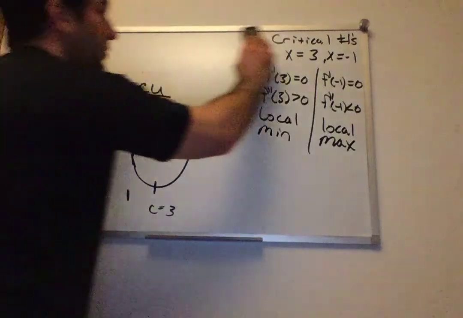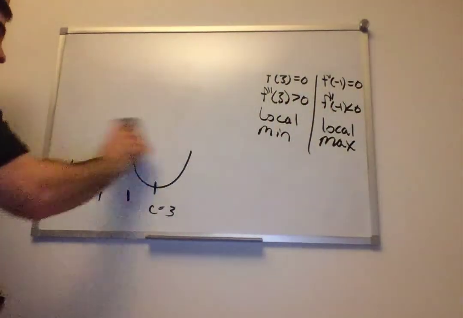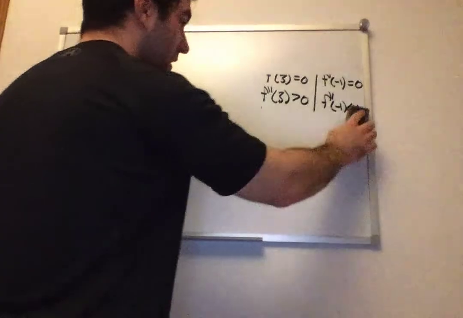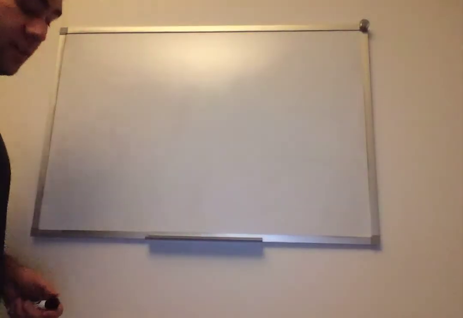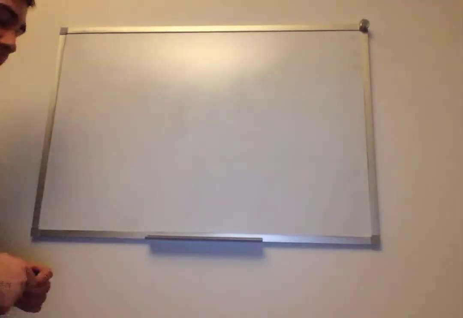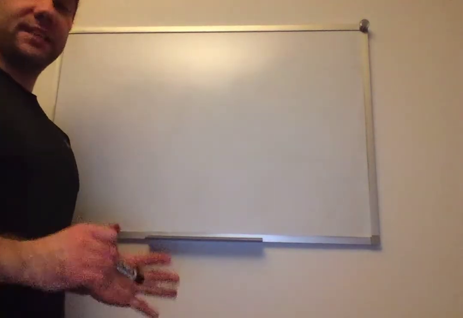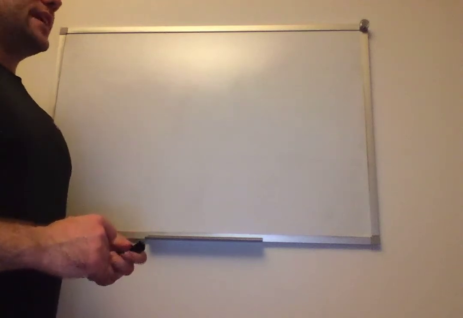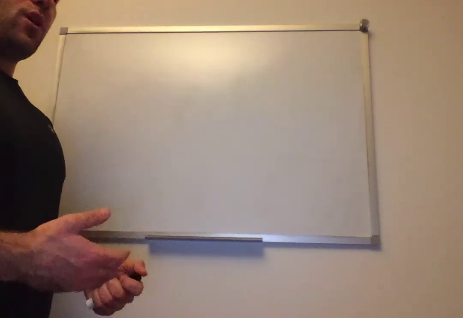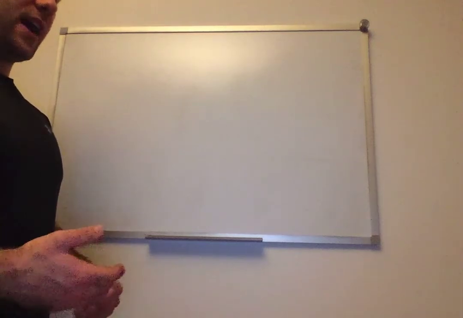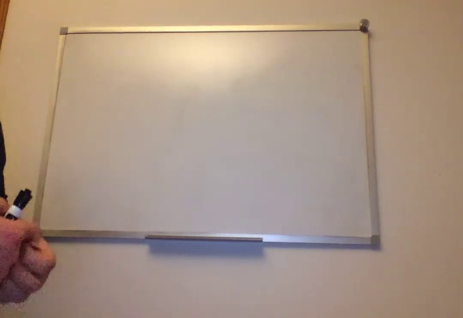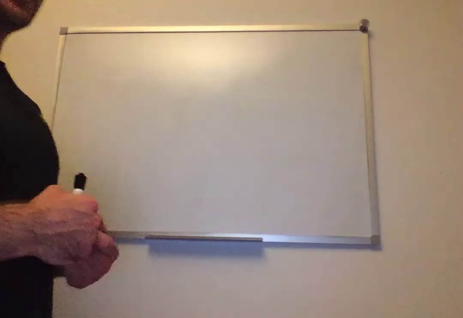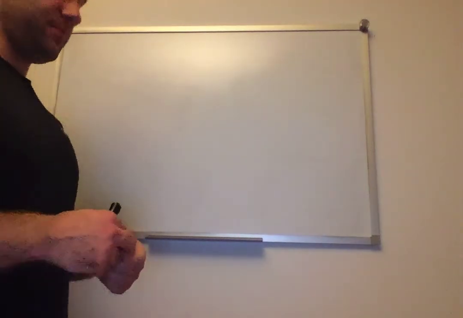So now you've got the first derivative test to see whether or not a critical number is a local min or max. You've got the second derivative test to do the same exact thing. It's up to you whether you pick one or the other to determine that. However, sometimes the first derivative test is a lot easier because finding the second derivative may be difficult.